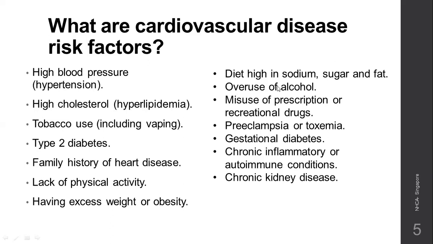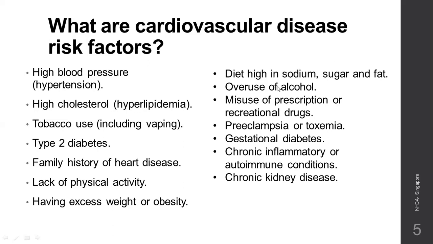Gestation means the time period when a woman is pregnant, carrying a live viable fetus. So that is the gestational time frame. Gestational diabetes means you are diabetic only during pregnancy. As soon as you're not pregnant, you are no longer diabetic. As soon as you have given birth, your blood sugar levels and everything come back to normal.